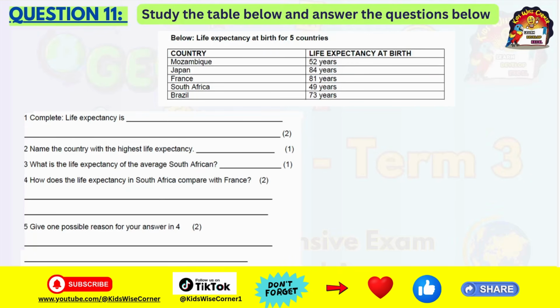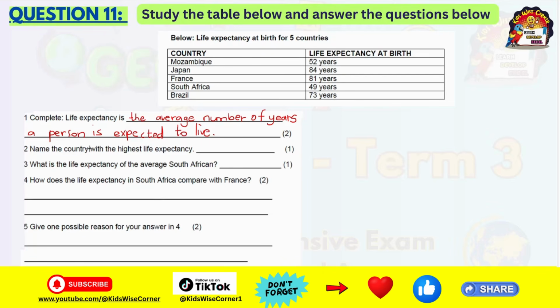Life expectancy is the average number of years a person is expected to live.